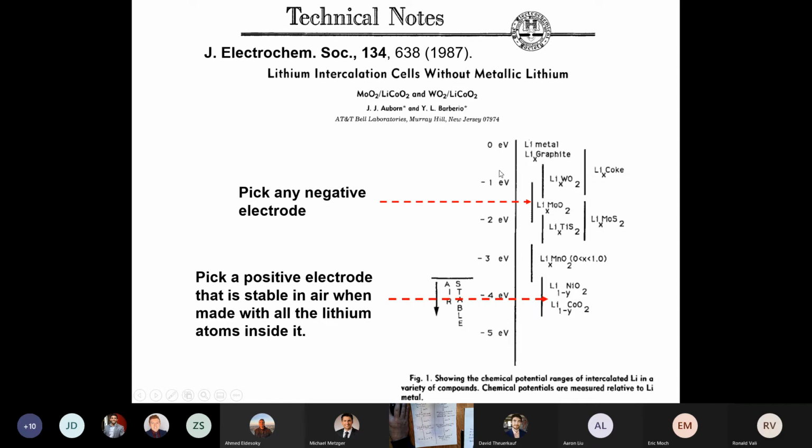But LTO is 1.5 volts away from lithium metal. So it's virtually impossible at any charging current to plate lithium on an LTO negative electrode. So if you want to make cells that can be charged fast, have a really long lifetime, and you don't really care enormously about energy density, LTO is your choice.